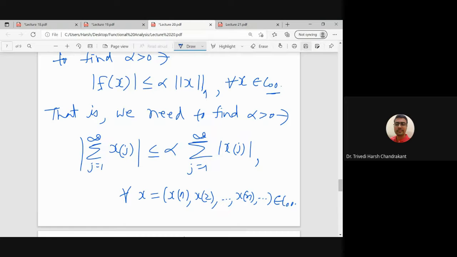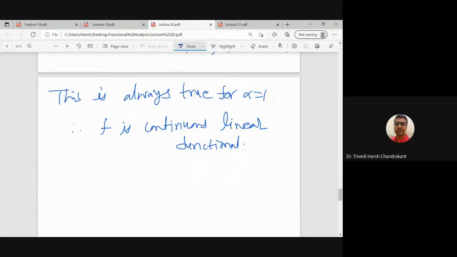So this is an example of a linear function on c00 which, with respect to one norm, is continuous, and with respect to the other norm is not continuous. This is the example which we wanted to discuss.